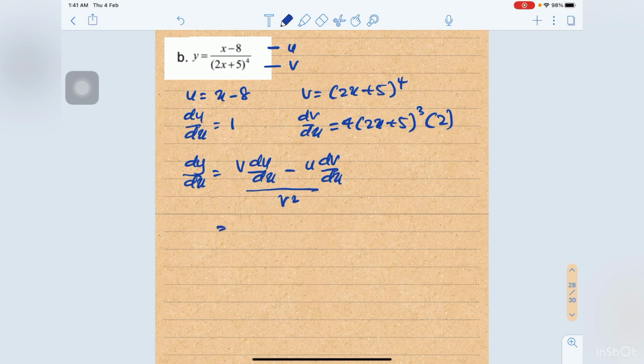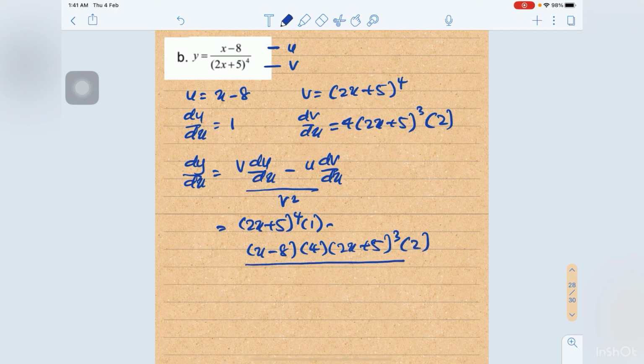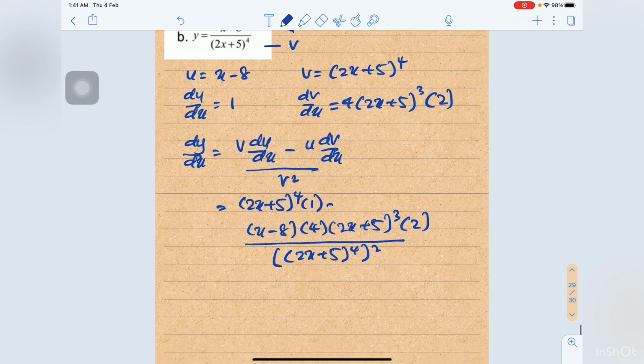Okay, so v is (2x plus 5) to the power of 4 times 1, minus (x minus 8) times 4 times (2x plus 5) cubed times 2, over v squared, which is ((2x plus 5) to the power of 4) squared.